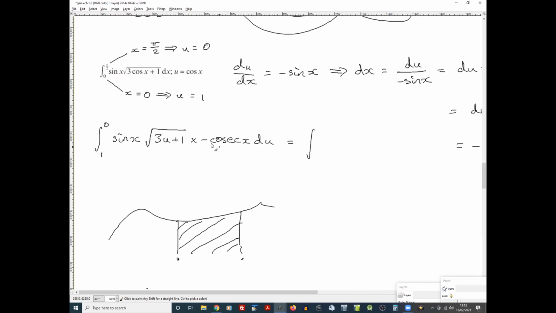It means times minus 1. And then all of it closed off with a du. Right. Okay. So what we've really got is the integral of minus the square root of that with respect to u.